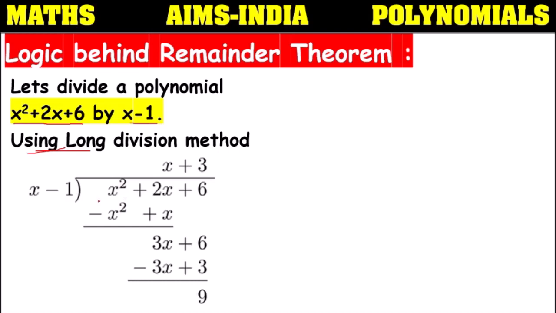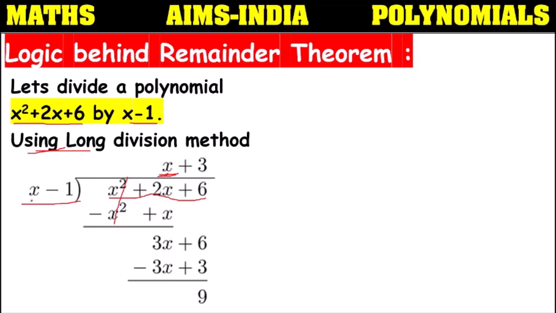So according to long division method, we will take the polynomial we want to divide with x minus 1. So x minus 1, first we will take x times. x into x is x square, x into 1 is x. But here we have to change the signs. So minus x square plus x we have taken. This will get cancelled. So 2x plus x, 3x.